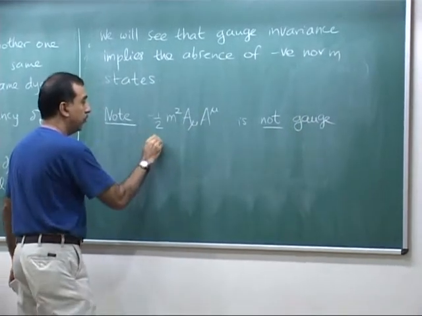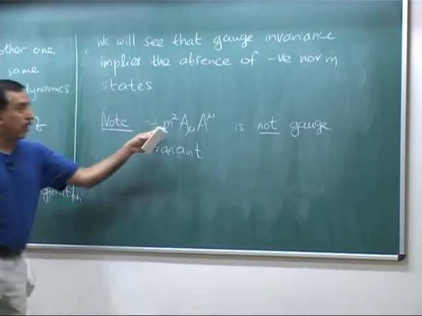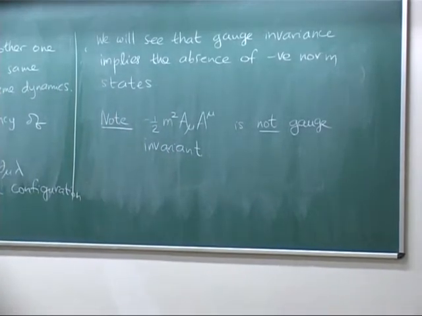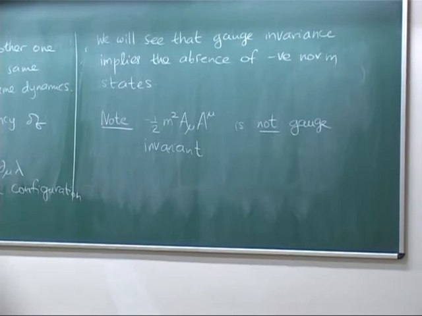This tells us that in this theory, adding such a mass will lead to an inconsistent theory, because not being gauge invariant, then at the end we won't be able to decouple negative norm states. Okay, gauge invariance is sort of an absolute principle.